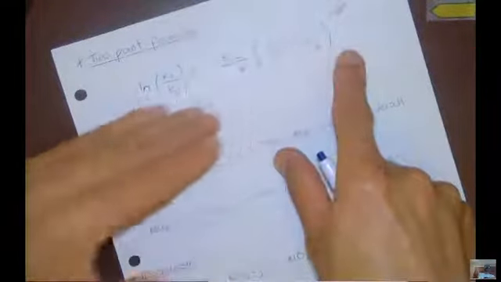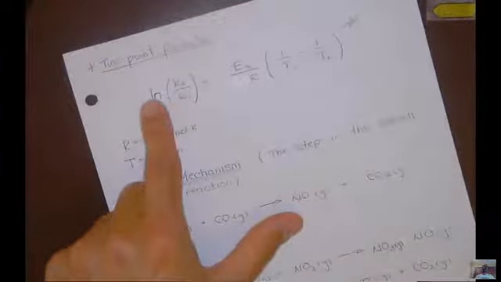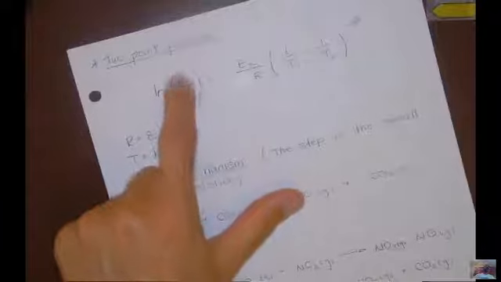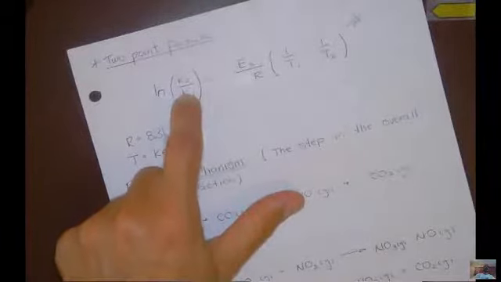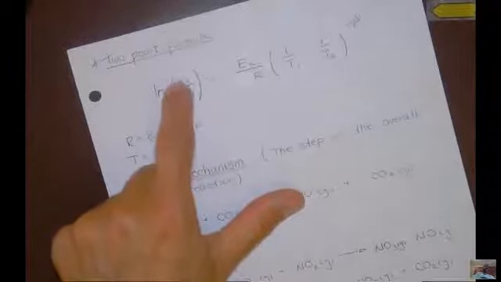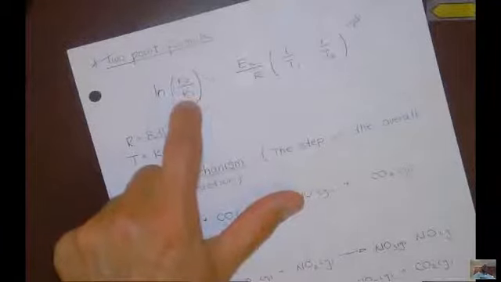So that part is just algebra. So the working version for us, and we can practice one, is the natural log of the ratio of two rate constants, one at a higher temperature compared to the other one at a lower temperature, or one at the initial temperature and one at the final temperature, doesn't matter.